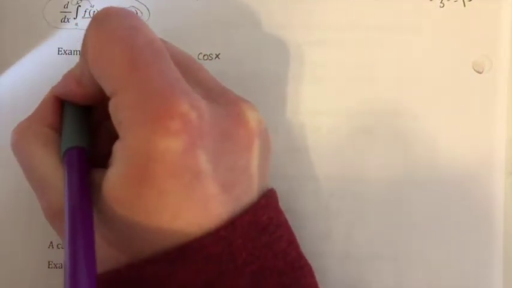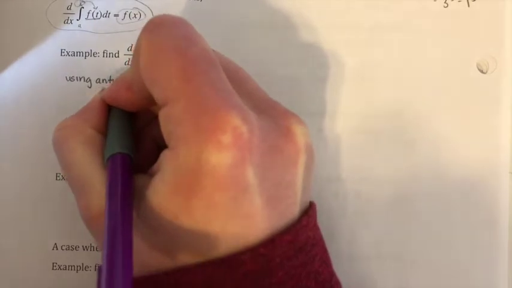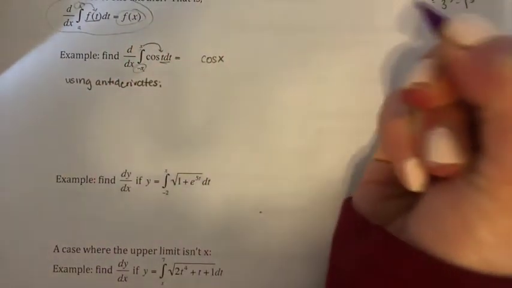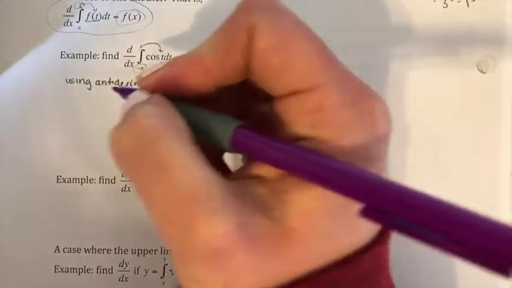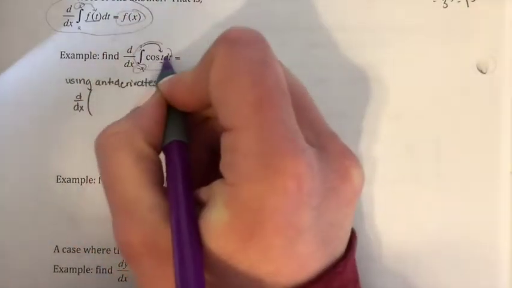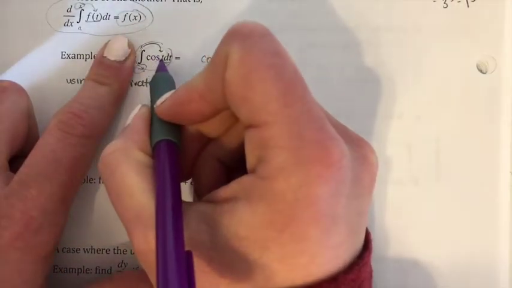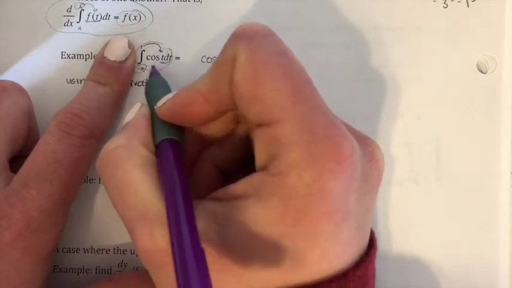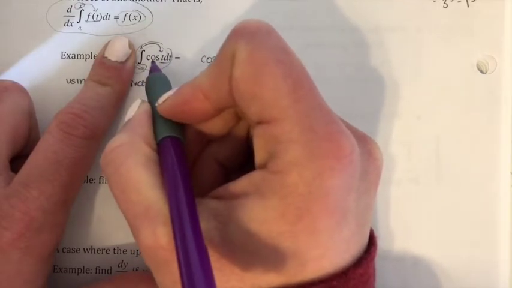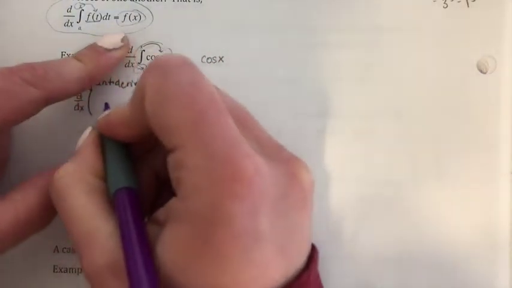Okay, as a proof, and we won't do this every time, we can do this using antiderivatives, and confirm for ourselves that this does in fact work. So if we just do the integral first, we're going to do the derivative of whatever we come up with for the integral. If I need to do the antiderivative of this, think of what I did the derivative of to get cos, that would be sine.